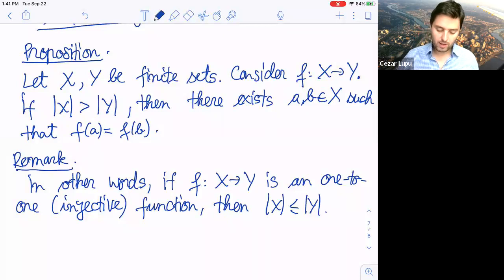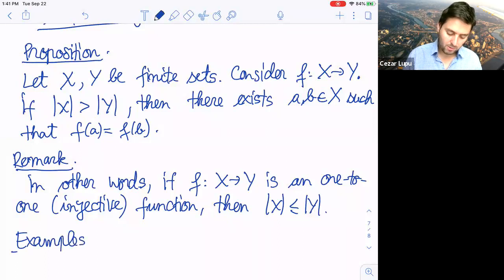All right, let me give you some quick examples of how we apply the pigeonhole principle.